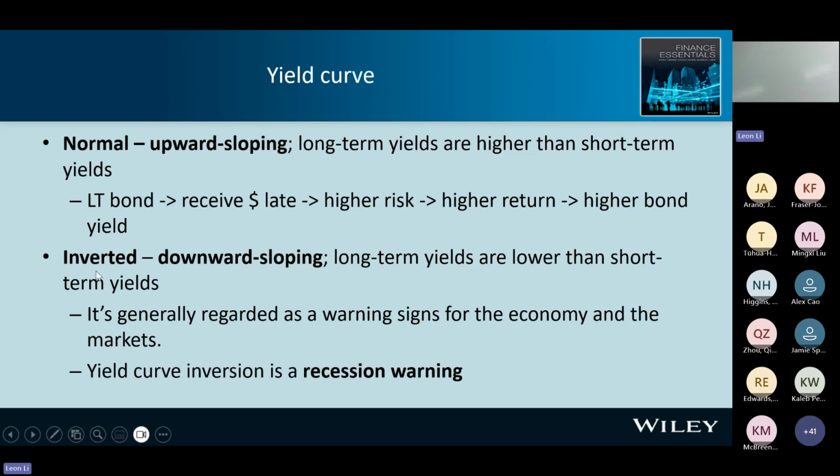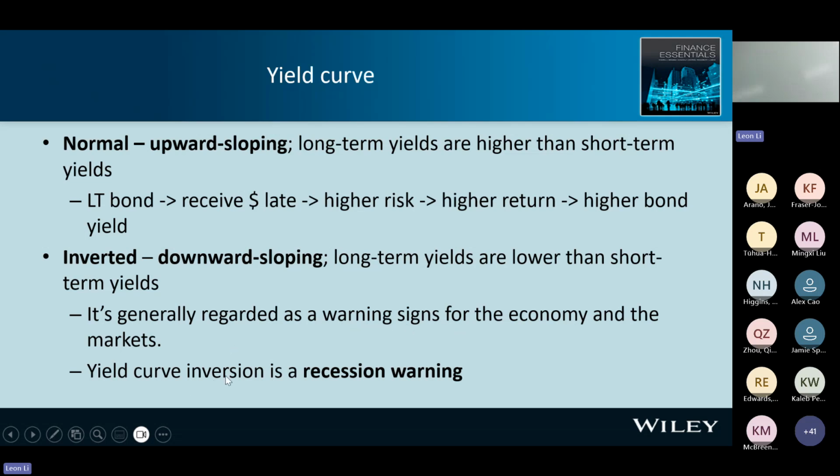Next, we discuss the inverted, abnormal, or downward sloping curve. Normally the yield curve is upward sloping, right? Long-term rate higher than short-term rate. But downward sloping is abnormal. Long-term yields are lower than short-term yields, and it's generally regarded as a warning sign for the economy and the market.